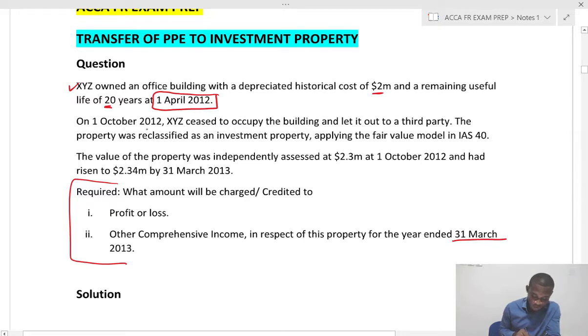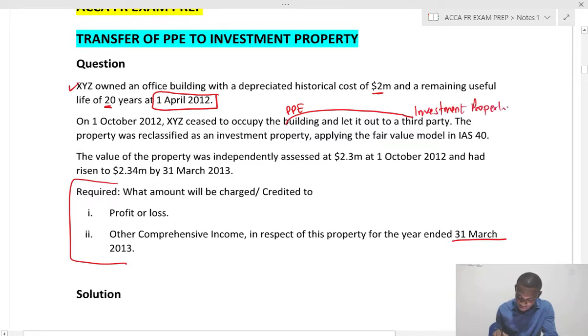On 1st October 2012, XYZ ceased to occupy the building and let it out to a third party. So you will notice that the building is now moving from PPE to investment property. So there is a change in use of the asset. The property was reclassified as an investment property, applying the fair value model.